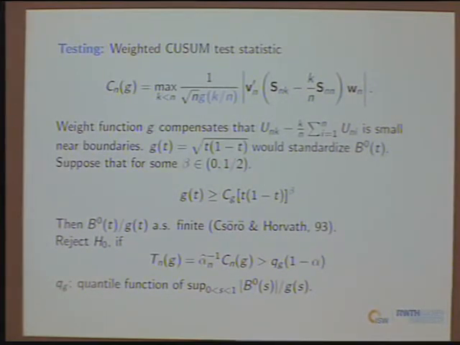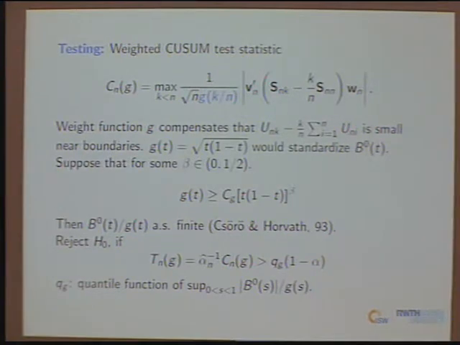But the issue is that the Brownian bridge divided by this square root standardization is not an almost surely finite random variable. So it is commonly used that one uses a weight function g, which is bounded below by something for which this still is true, so that everything is well defined.